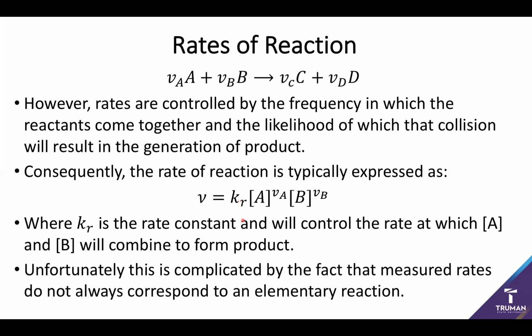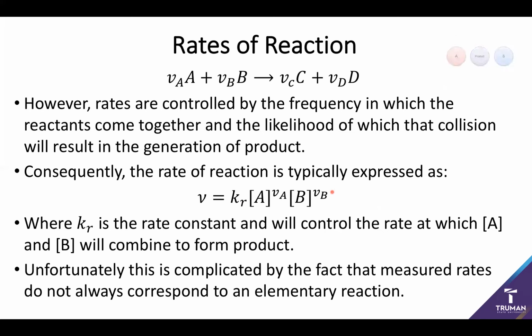So we're also going to run into one last little problem. And this is the fact that most of our reaction rates aren't going to correspond to elementary reactions. So I can't just assume that if my overall reaction involves, say, 3 moles of A and 2 moles of B, that I'm going to see a similar dependence on my order of the reaction, where I'm going to have A to the third power and B to the second. Unfortunately, there's often going to be an elementary reaction somewhere along the way that's going to essentially slow down the system.